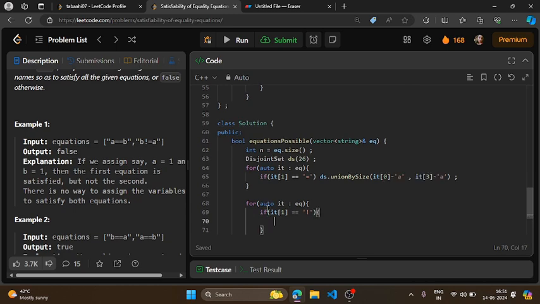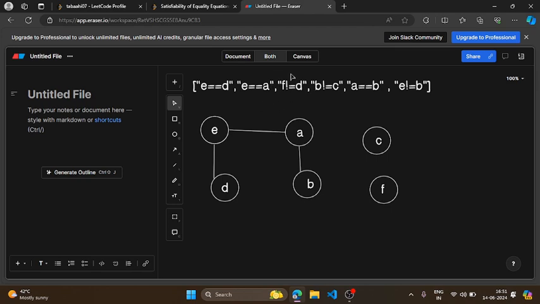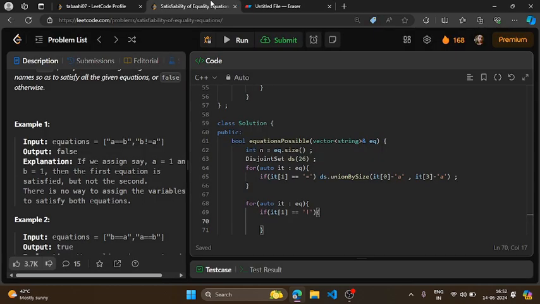If I find any inequality, what we were doing was checking if my graph is satisfying this particular equation or not. How were we checking that? We were simply checking if it is possible for me to reach from node number F to node number D, right? Because the equation says no, it is not possible. But if it is possible according to my graph, then definitely my graph is violating this equation. So I had to return false.